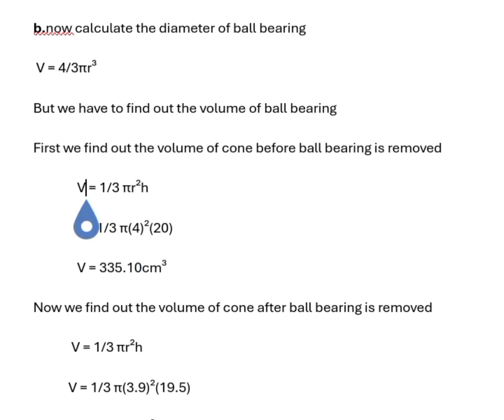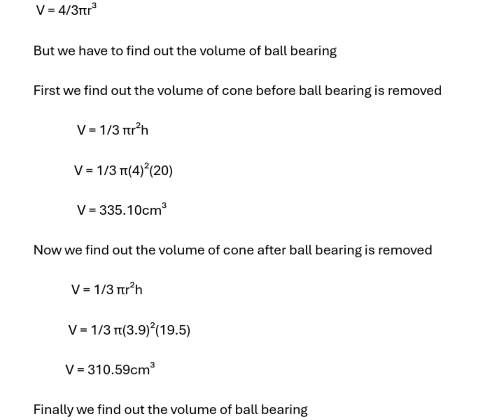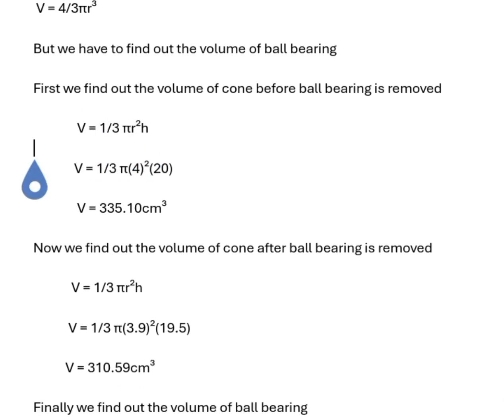So first we find out the volume of the cone before the ball bearing is removed. The formula for finding the volume of the cone is 1 over 3 pi r square h. Here r is equal to 4 and h is equal to 20.